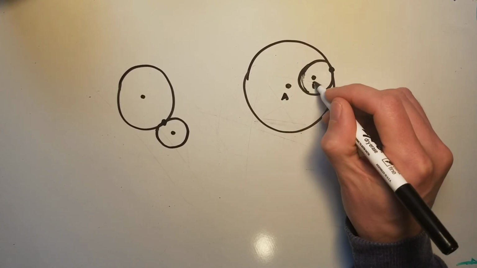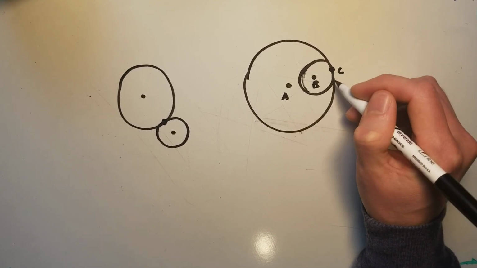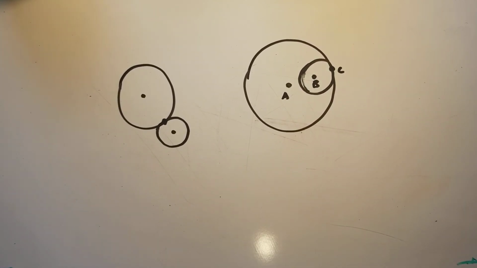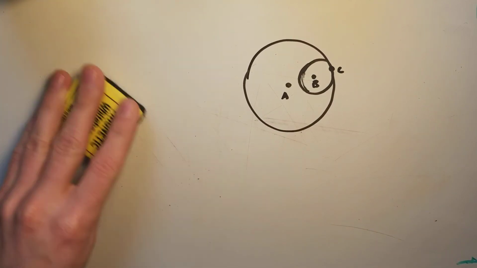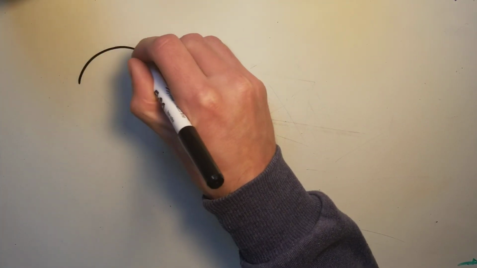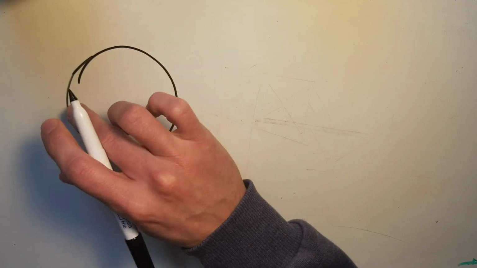So circle A and circle B have one point of intersection. That could be point C. So those are possibilities. You can have circles that intersect at exactly one point, and then we have the possibility of circles intersecting at 2 points.